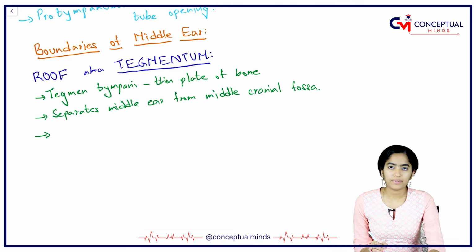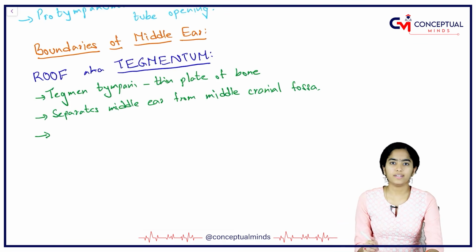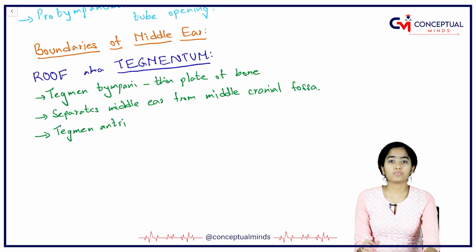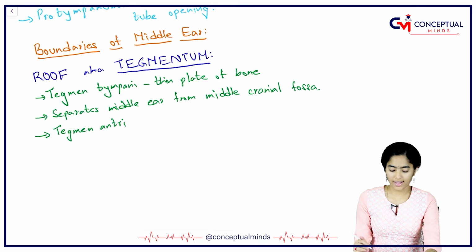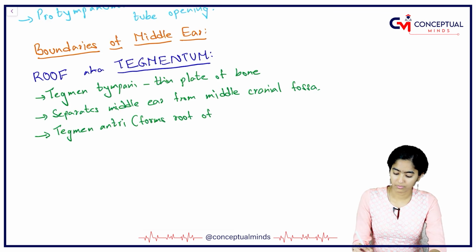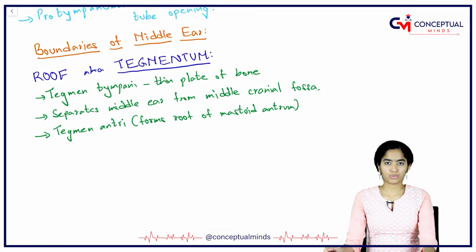So tegmen tympani continues posteriorly as tegmen antri, and it forms the roof of the mastoid antrum. This is about the roof.